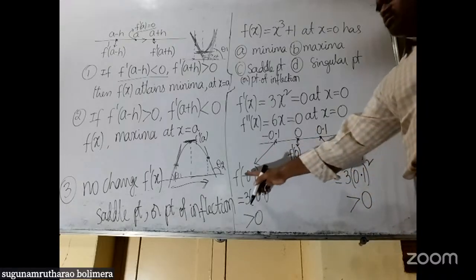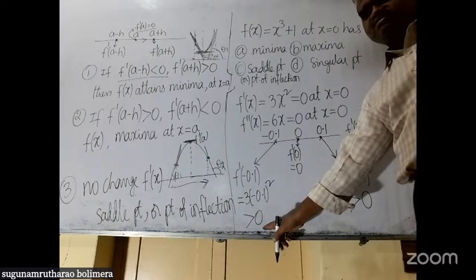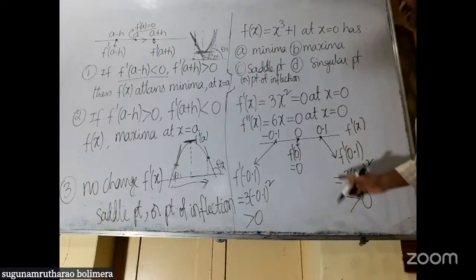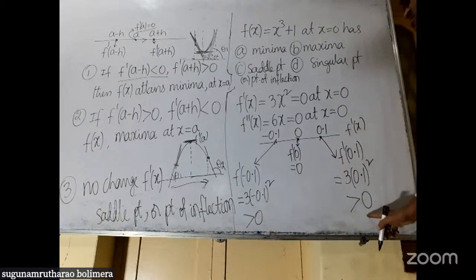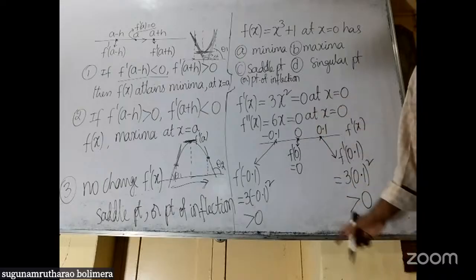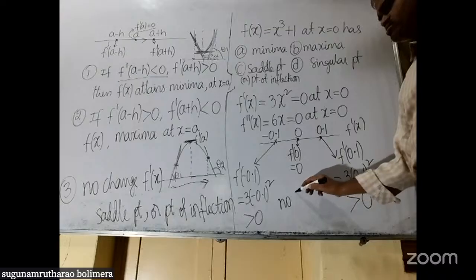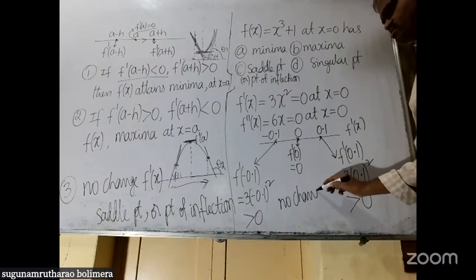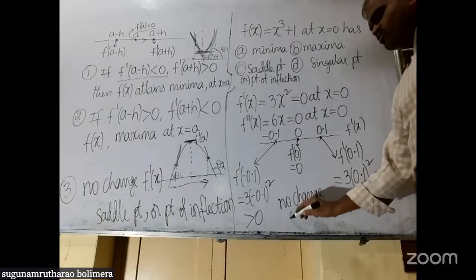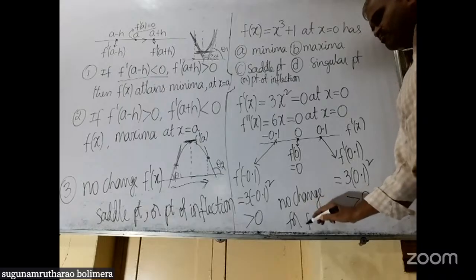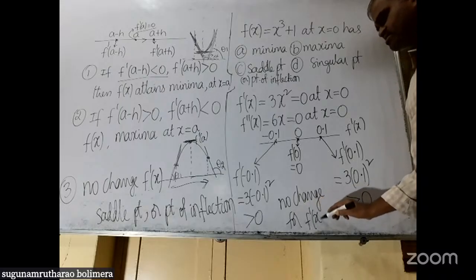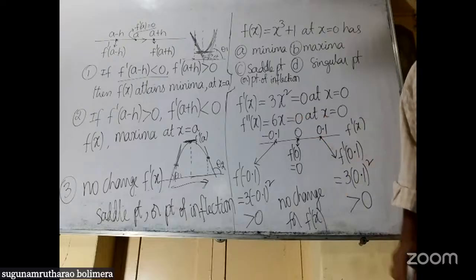So f dash of -0.1 is positive. F dash of 0.1 is also positive. So there is no change of sign for f dash of x in the neighborhood of 0.